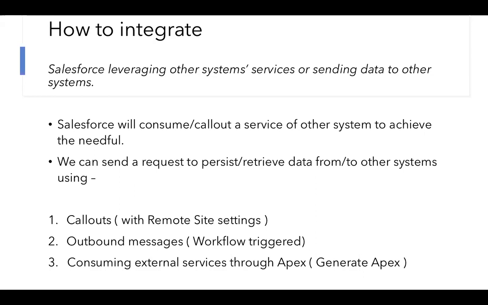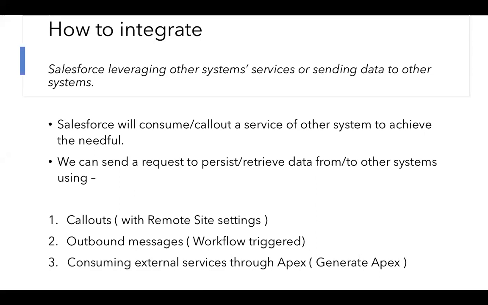It depends on the other service whether they have any mechanism to send back a response in a different way. But in this particular transaction, nothing's going to come back. It's just a ghost. The data will just go to the other system, and the system will forget it. So that's outbound messages, which is also one of the options.